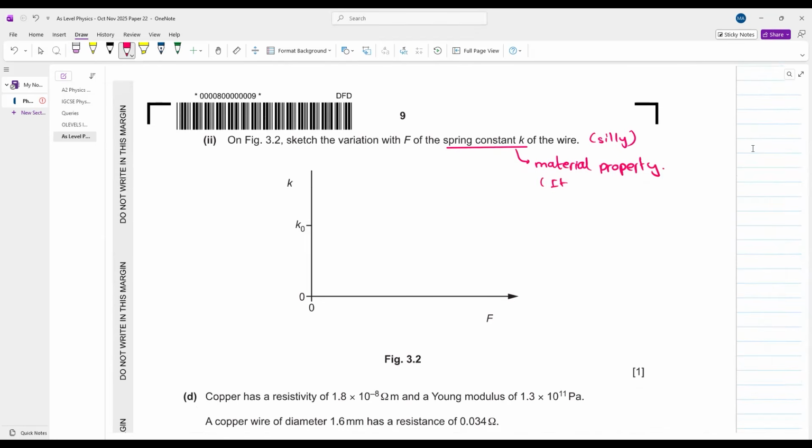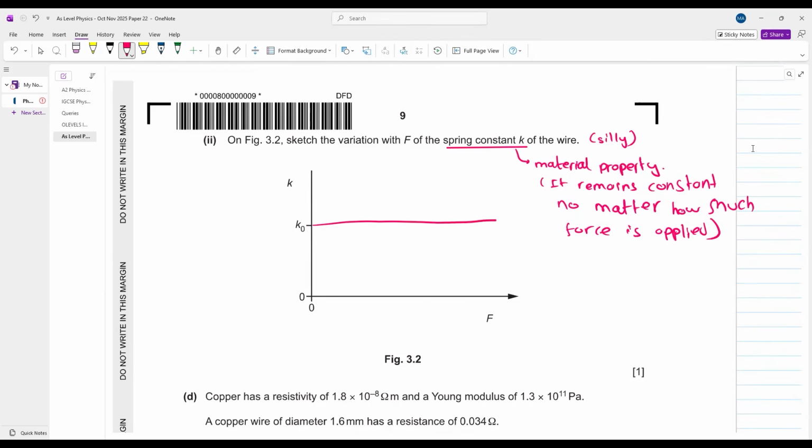It remains constant no matter how much force you apply. Beta, if you are remaining within the limits of Hooke's law, your spring constant remains constant no matter how much force is applied. So how will you draw the graph? A horizontal line like this. Simple, easy peasy, lemon squeezy.